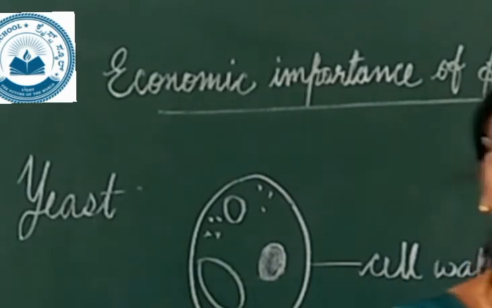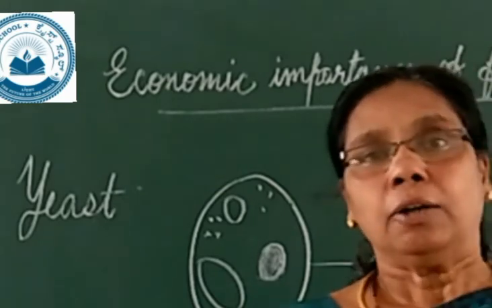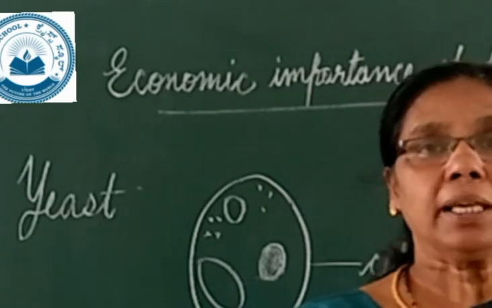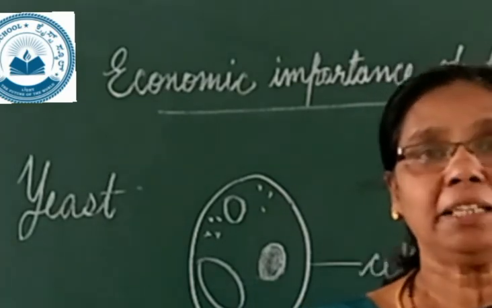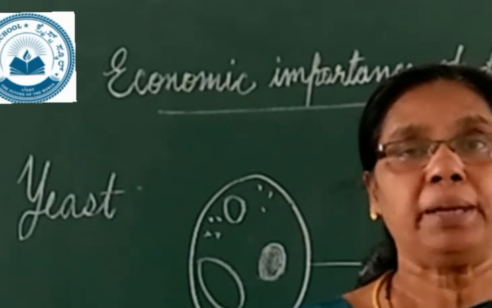Now let us see a few useful fungi. Already in the last session, while talking about bacteria and their uses, I told about the first antibiotic. Who discovered that one and what's its name? Can you recollect that? Yes, the first antibiotic is nothing but penicillin. It is from a fungus.